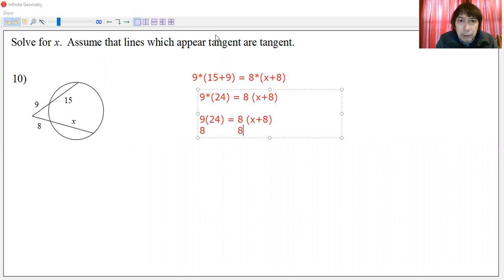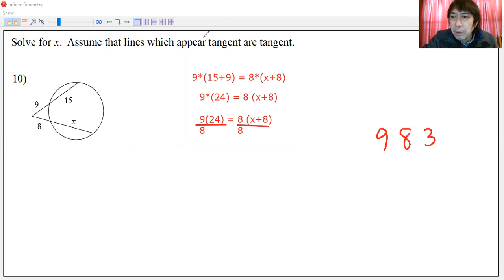So we put the divide symbol over there. 8 cancels out to the 8. And we have something like this. 24 is 8 times 3, so that takes care of 9 times 24. 9 times 8 times 3 is going to be divided by 8.